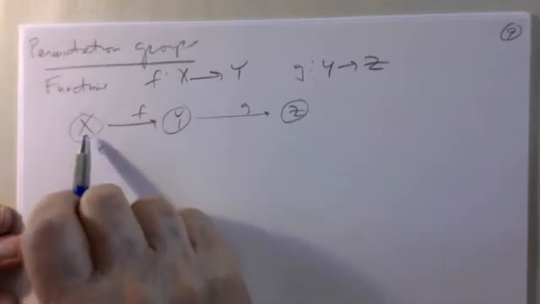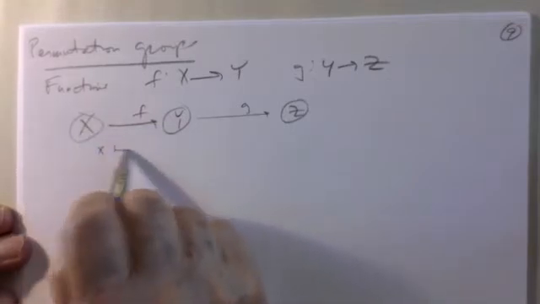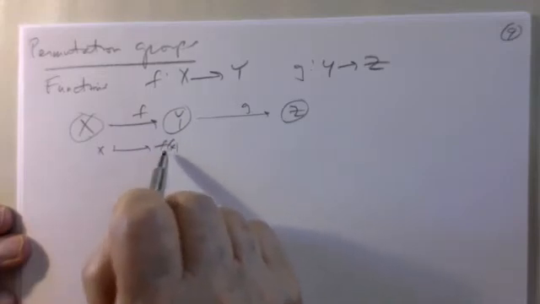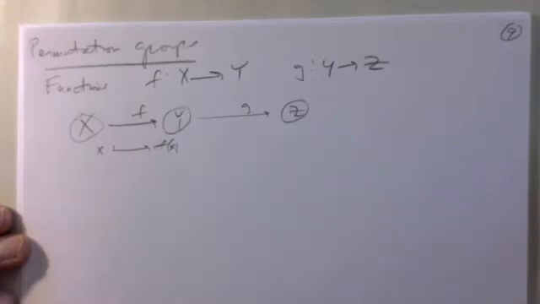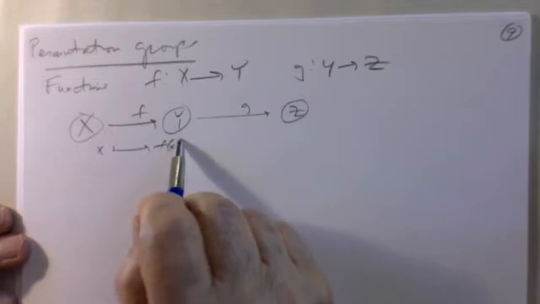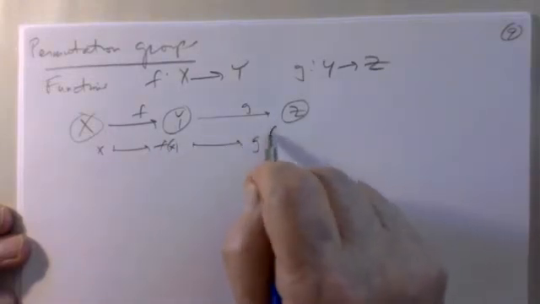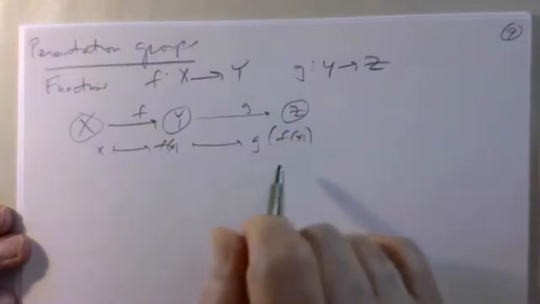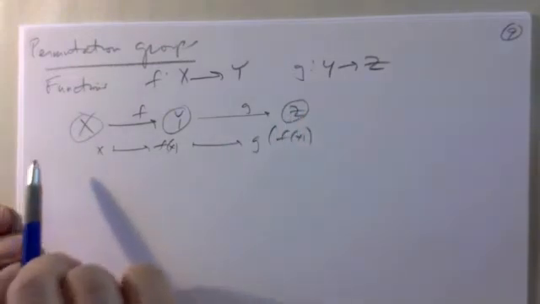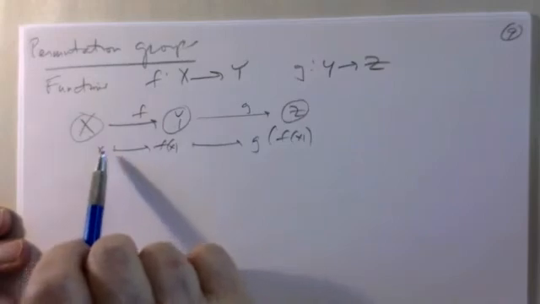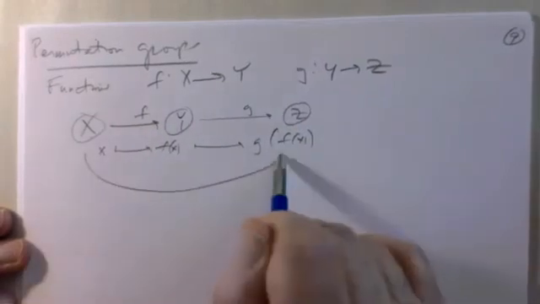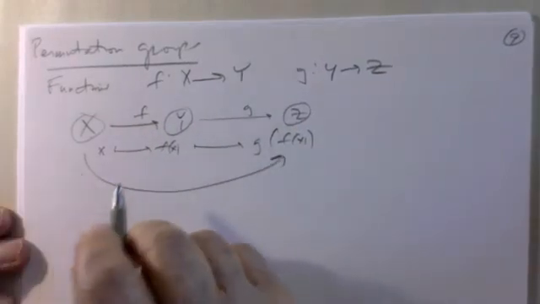So if you take an element x in this set, it goes to some element f of x in y. And for every element in y, you can apply the function g to it, and you get g of f of x, which is in z. So if you start with x and you apply first f and then g, you end up over in z.